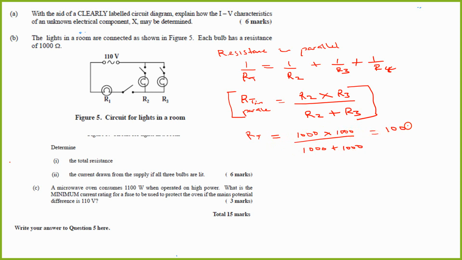So we would get 1 million in the numerator. Divide that by 2000. When we do that, we're seeing that RT in parallel is equal to 500 ohms, and you have to remember the units.